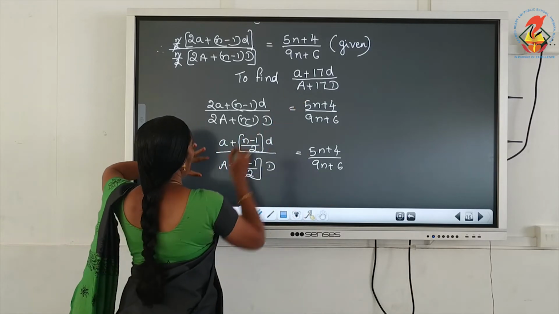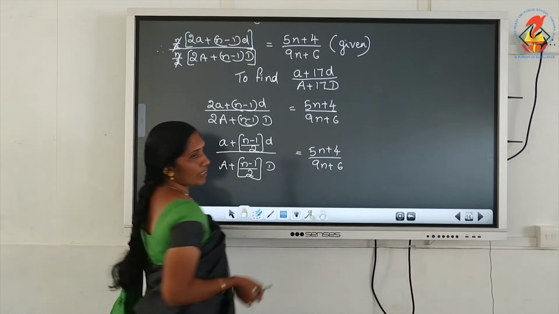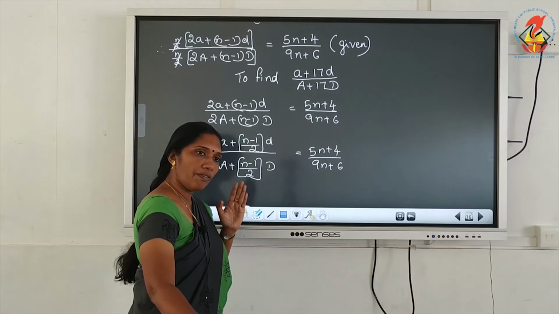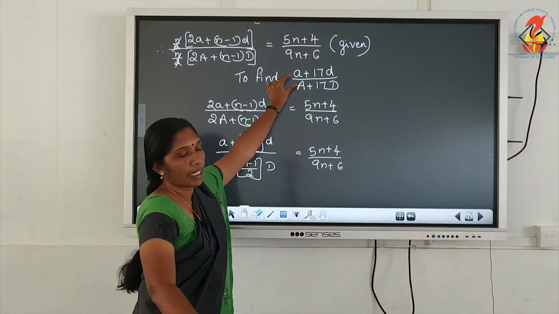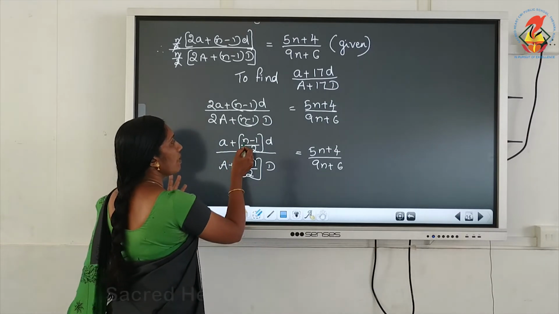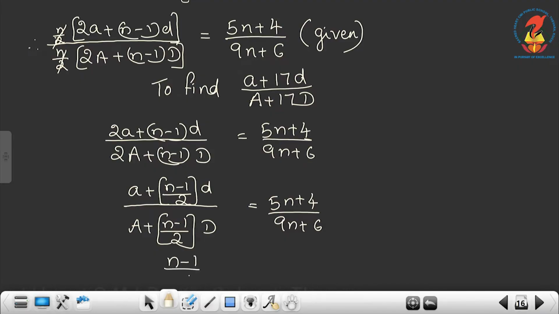So first term a, here also A. Now in this bracket, here we have 17. So if we get the value of n, we get the ratio of 18th terms. So what is the value of n? Comparing these two expressions, put n minus 1 by 2 as 17, which implies n minus 1 is 34, so n is equal to 35.